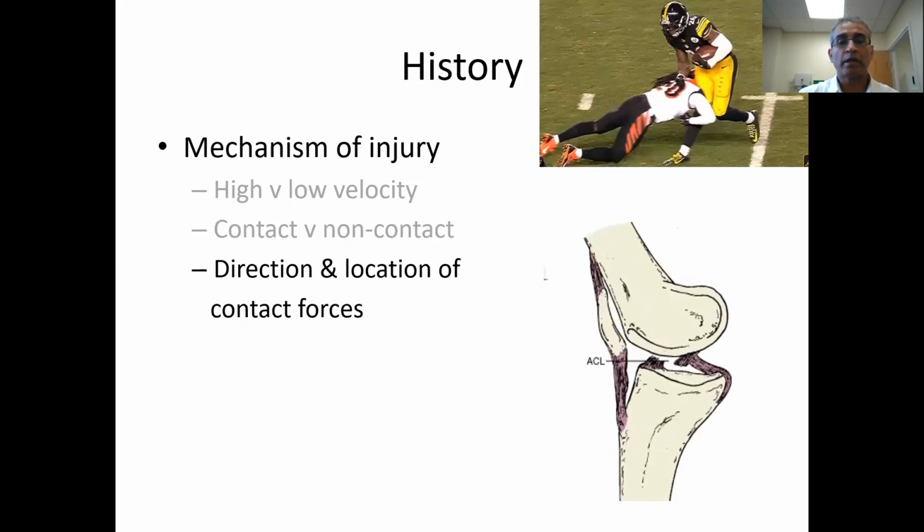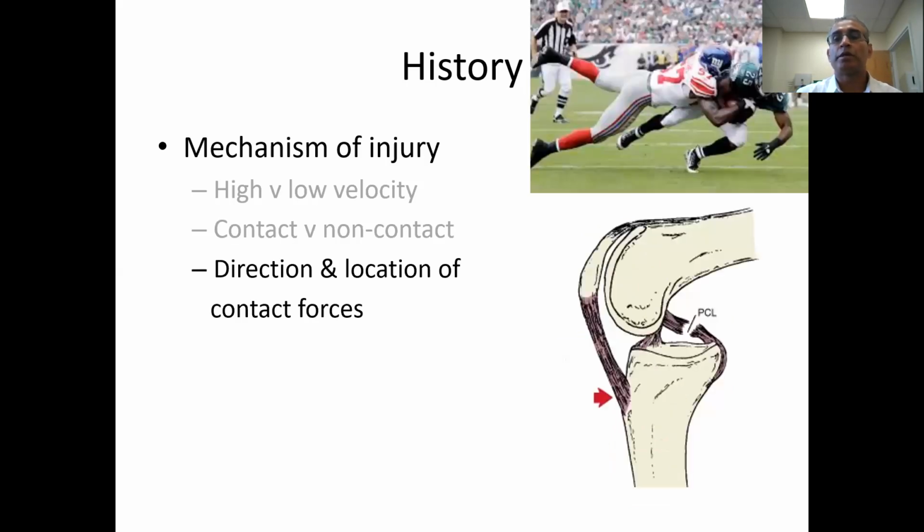But if there's a contact, the direction and location of forces is useful to know. This person had what's called a hyperextension injury from somebody landing on top of him, and those hyperextension forces can tear the ACL in the middle. But if this player lands on his leg with another player on top of him, the tibia gets pushed backwards, and that tears the PCL, the posterior cruciate ligament, which stops the tibia from subluxing backwards.